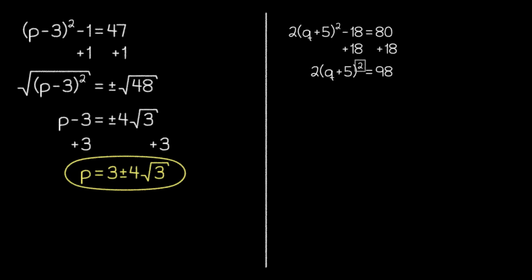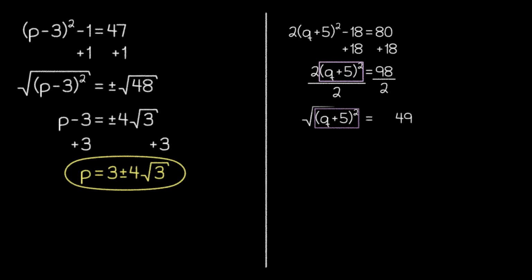The answer is that it's attached to the parentheses, so the only thing being squared is the expression inside the parentheses. This means that we can draw a box like this to indicate this unit of the expression. Then it becomes clear that the outermost operation is multiplication by 2, so we can divide both sides by 2 to move forward.